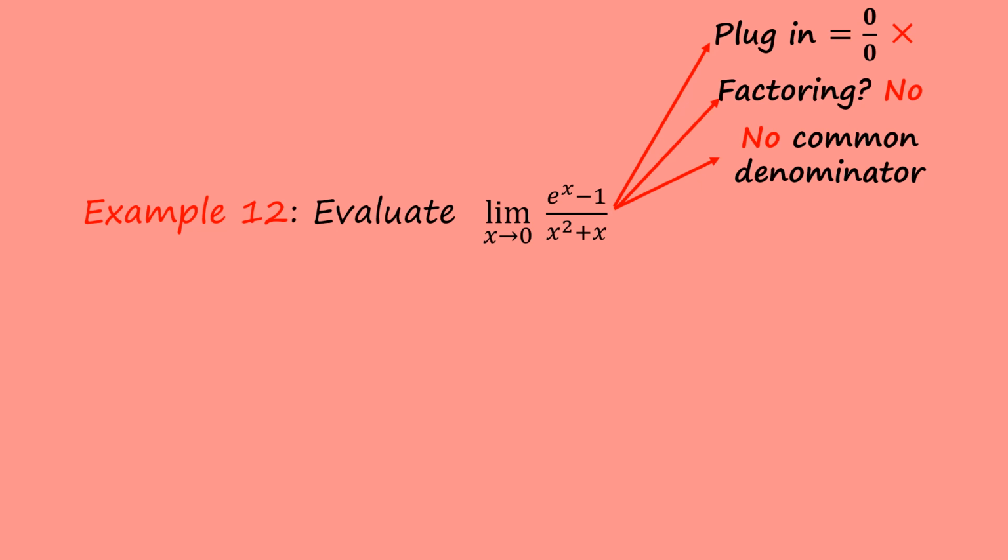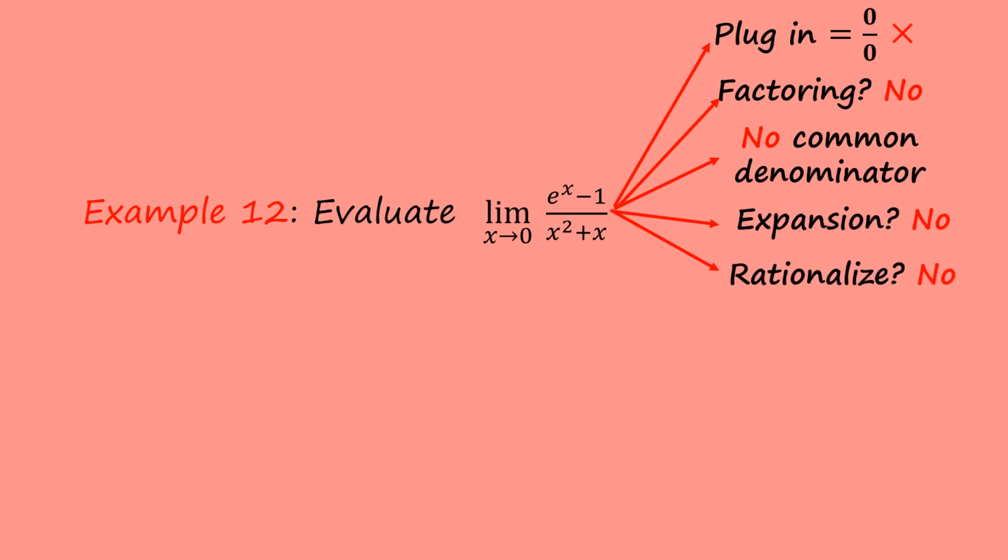There is no common denominator. Then we consider expansion, but we cannot expand this. Can we rationalize it? Not possible. And the last is, is there any absolute value there? No. So we use the L'Hopital rule.